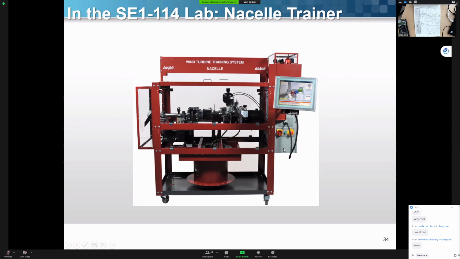Then the side here is a box with a PLC control inside. This is a human-machine interface. You can set the parameters and the wind speed. They have some anemometers on top for testing the wind speed and wind direction. So it's pretty cool equipment.